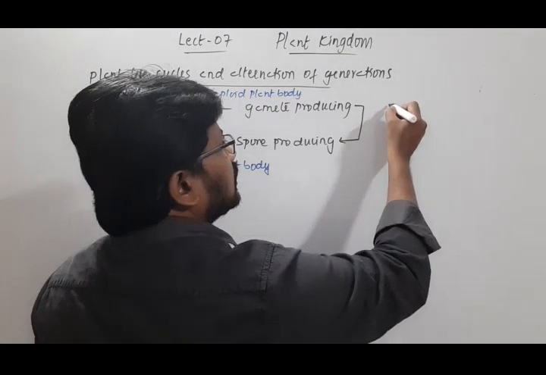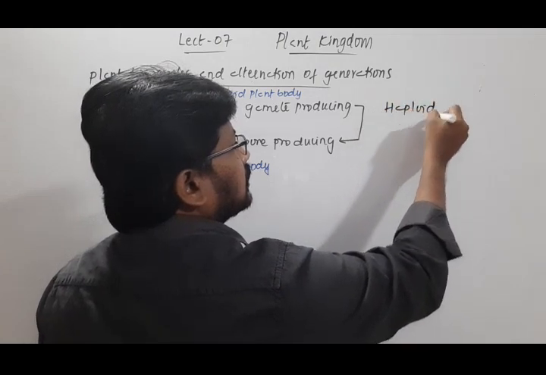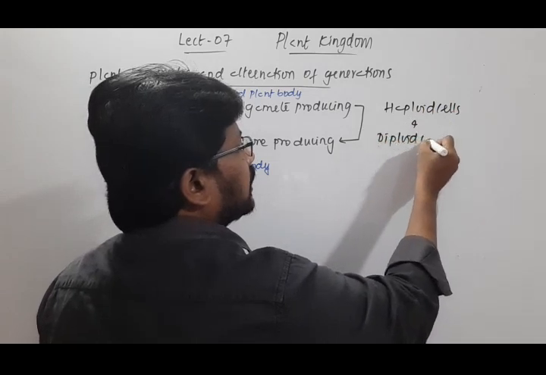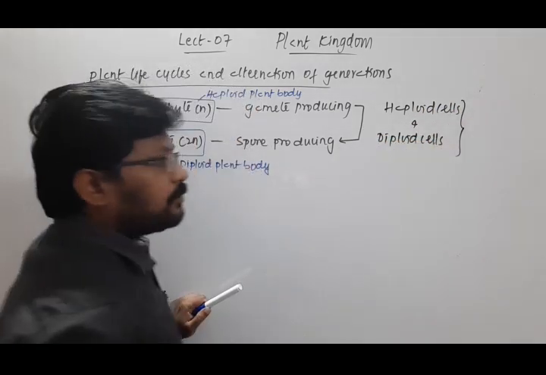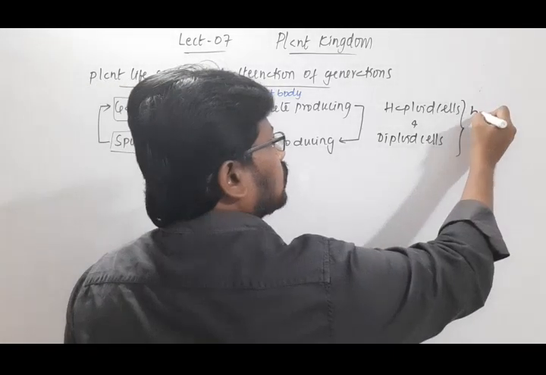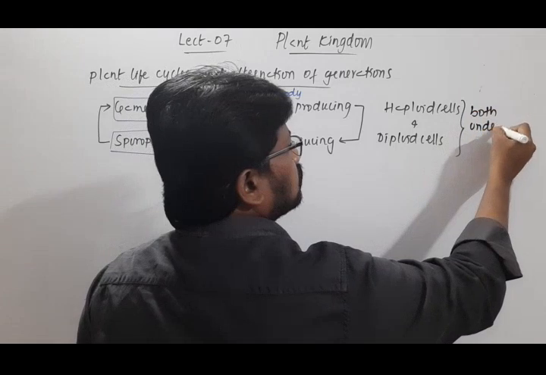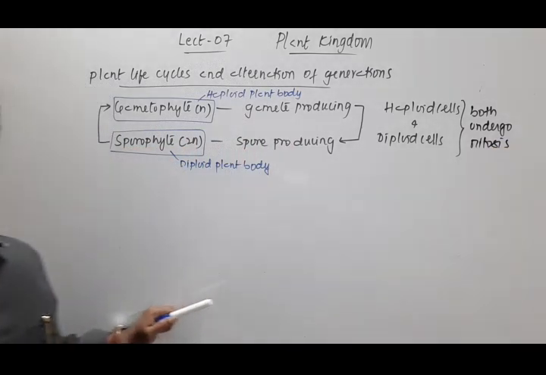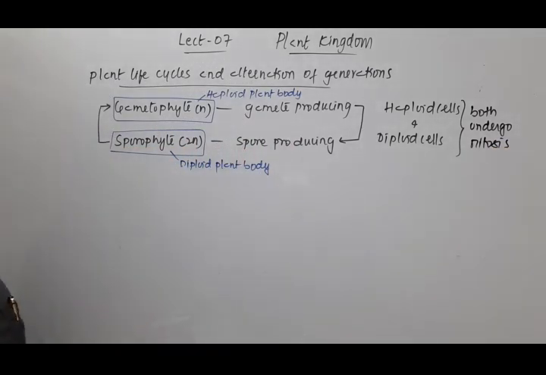So when we see here, in case of plants, the haploid cells and diploid cells both undergo mitosis. Okay, so both of them can undergo mitosis, and this results in formation of two different phases of plant life cycle. Okay, so now let us see how this alternation of generation takes place.